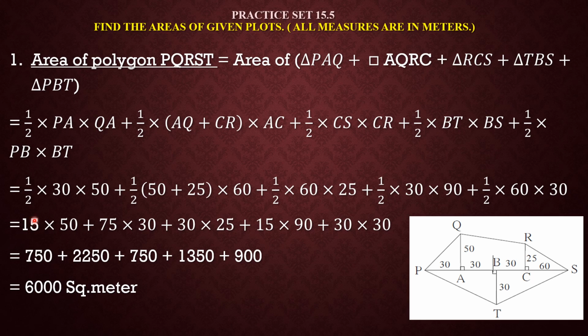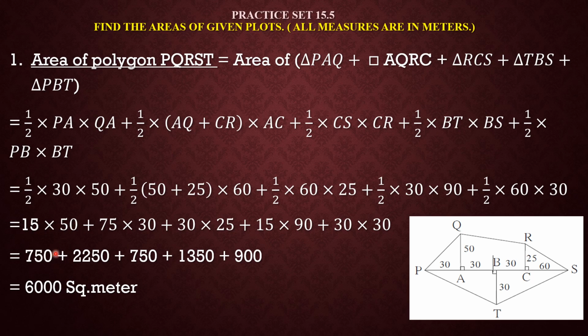Now 1 by 2 into 30 we can write 15. 15 into 50 plus 75 into 30. 75 means 50 plus 25 is equal to 75, and after dividing 60 by 2 we get 30, plus 1 by 2 into 60 that is 30 into 25, plus 1 by 2 into 30 means 15 into 90, plus 1 by 2 into 60 that is 30 into 30.